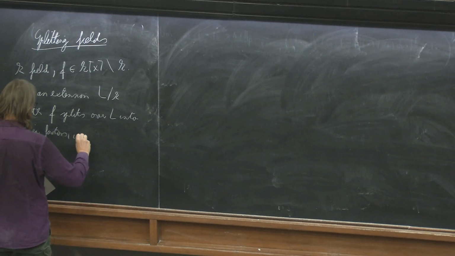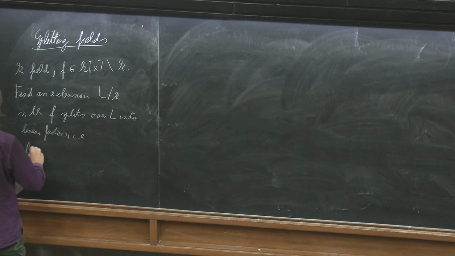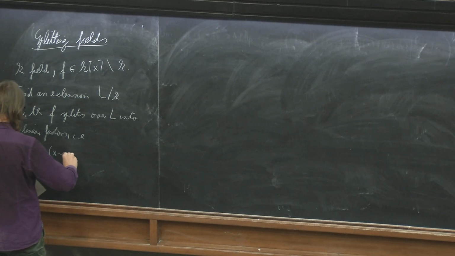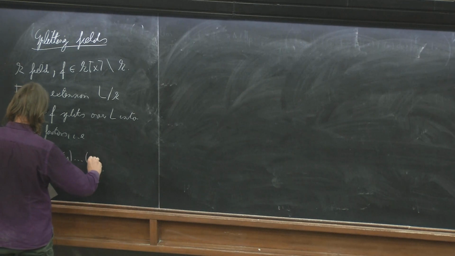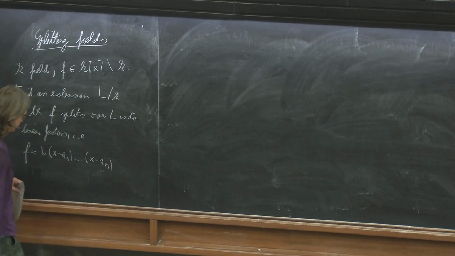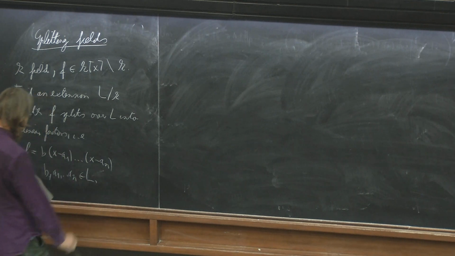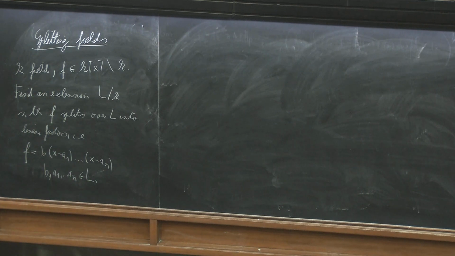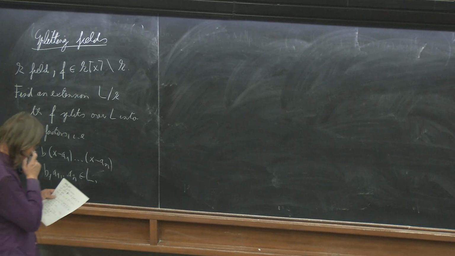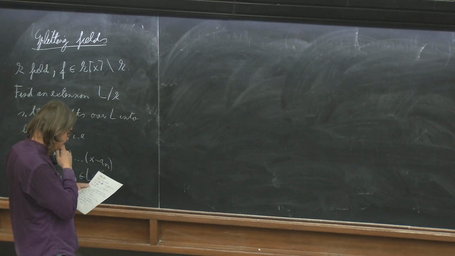That means I can write f equals some number b times (x minus a_1) and so on times (x minus a_n), where b and a_1 to a_n are all elements in this field L. Okay, and we want to find that.